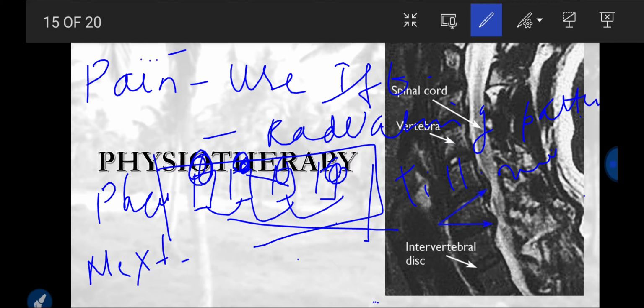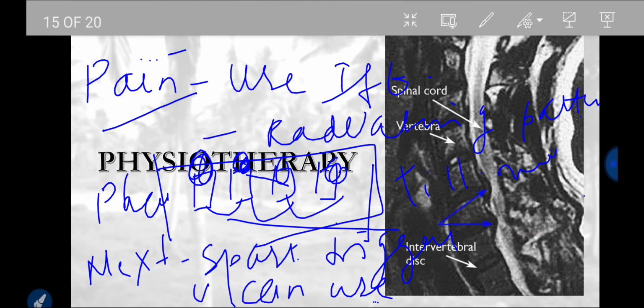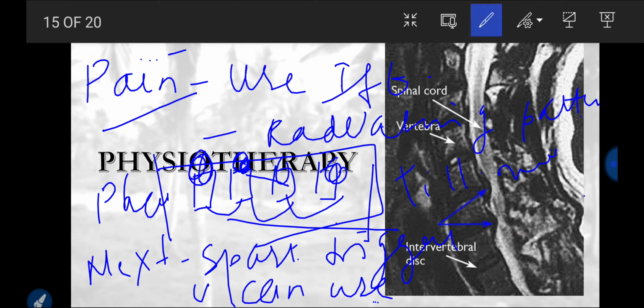Okay, next is the spasm or trigger point. You can use myofascial release technique, which is very helpful.